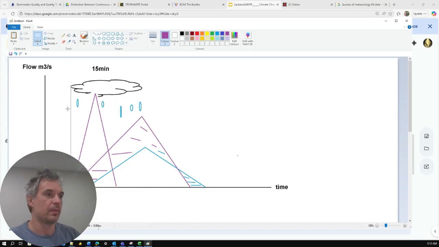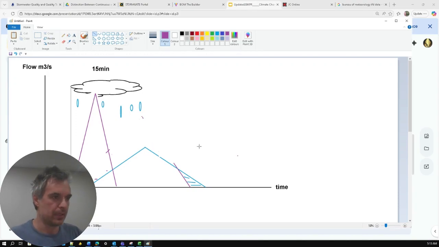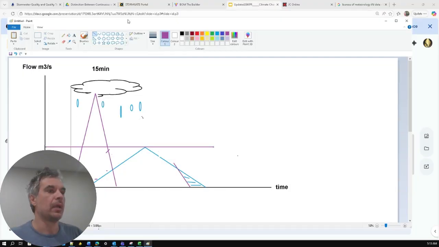So the way you do that is, let me remove this, maybe this one is a little bit confusing. Problem kind of solved. So the way you handle this is you don't let any peak go past this amount. And what you do, you take this area under the curve here, and you stop it in a detention tank.